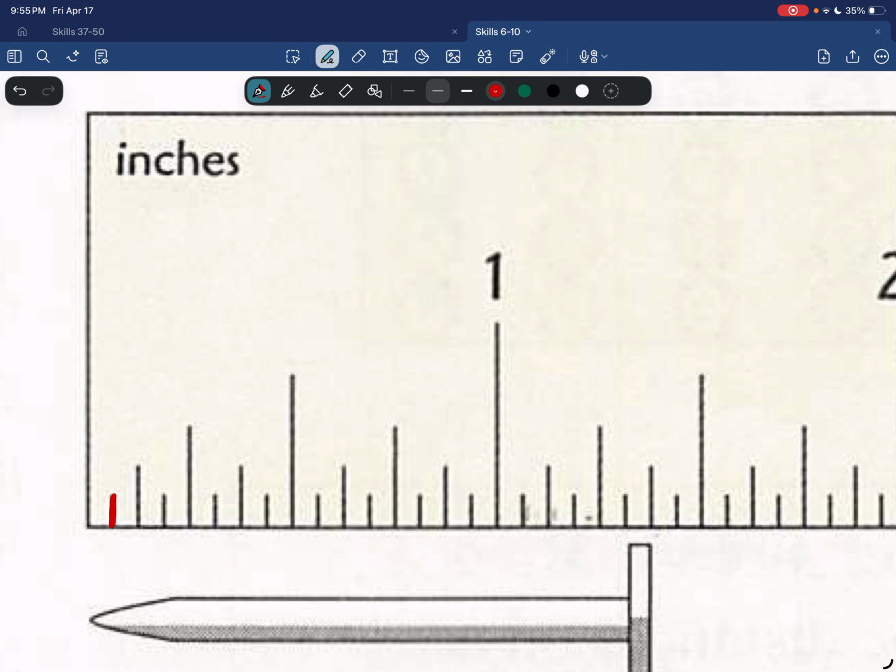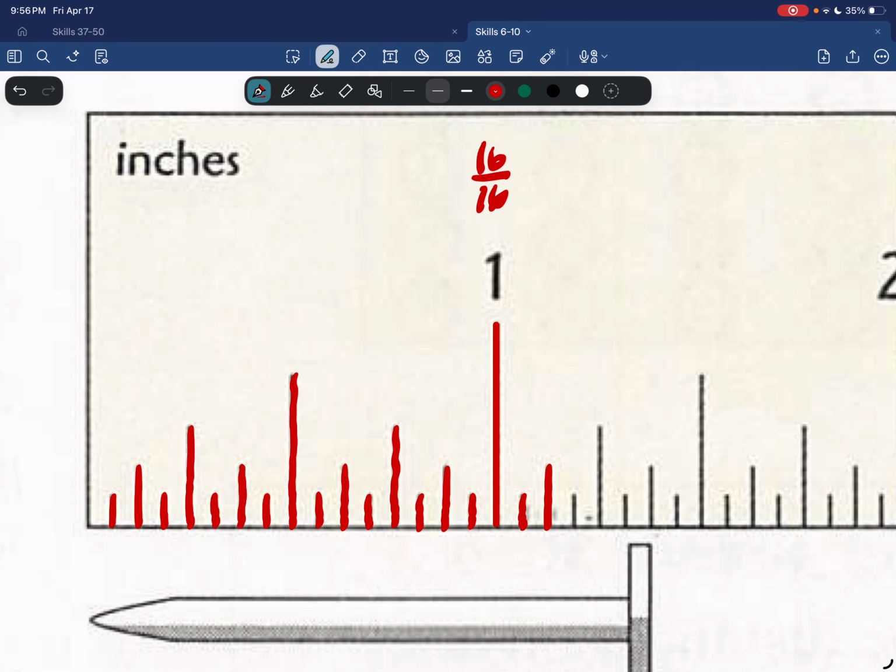So here's 1, 2, 3, 4, 5, 6, 7, 8, 9, 10, 11, 12, 13, 14, 15, 16. So that is 16 16ths, or 1.